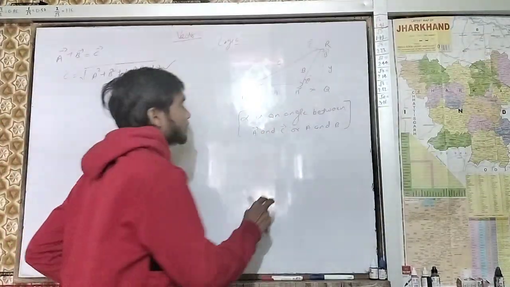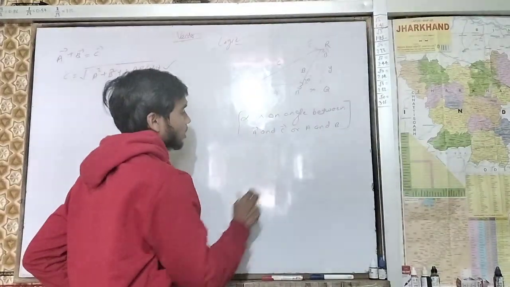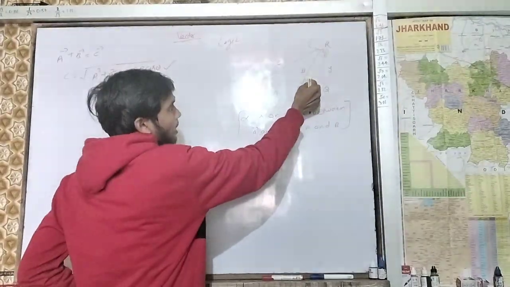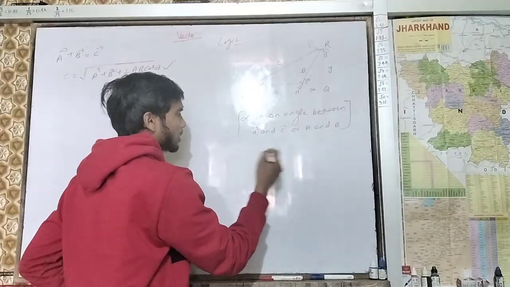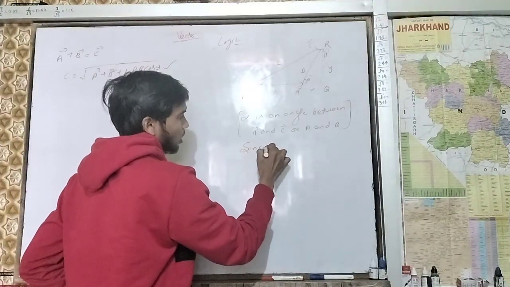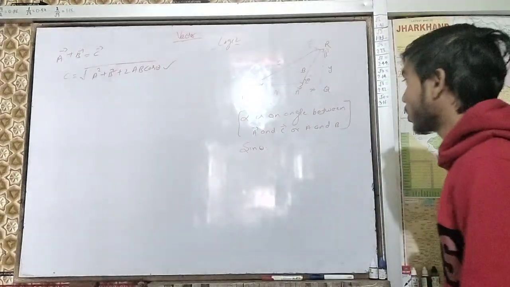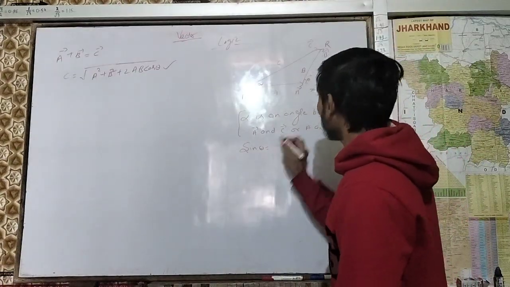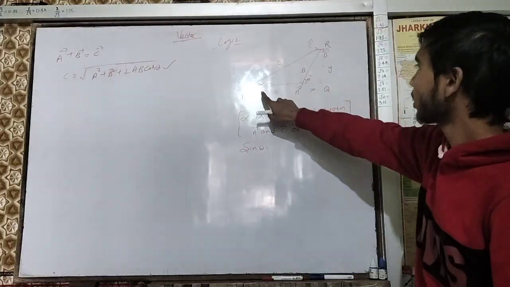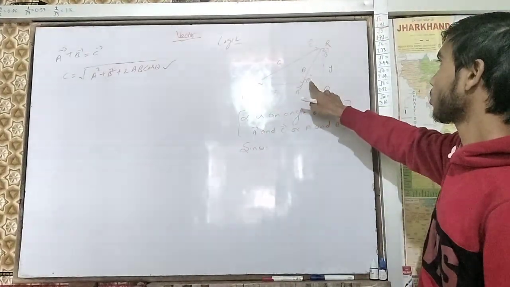Now two things are coming from this figure, which is this theta. So let's start from sin theta. Sin theta is equal to perpendicular upon hypotenuse. We are not talking about this alpha, we are talking about this theta.